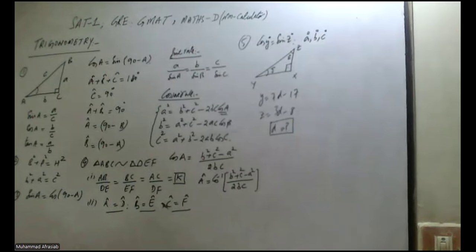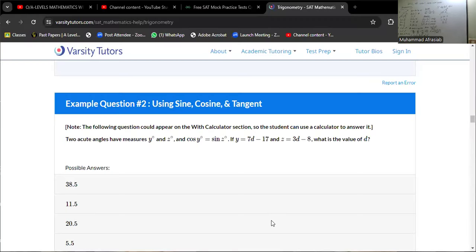Now this question number 5. Two acute angles have measurements y degrees and z degrees, and cos of y is equal to sine of z. If y is equal to 7d minus 17 and z is equal to 3d minus 8, what is the value of d there?